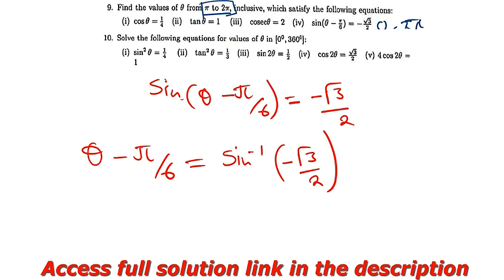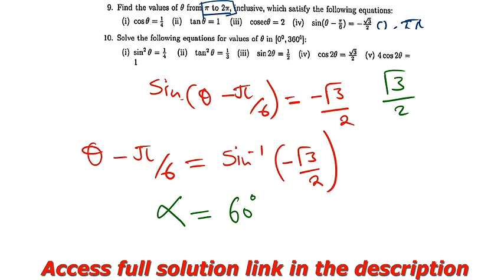We ignore the negative for once and find alpha. Now we know that if we are to look at the 30-60 triangle, what value of sine gives us root 3 over 2? Sine 60 is a possible result in degrees. We're not interested in the positive result, so that's just 60. 60 would give us root 3 over 2.